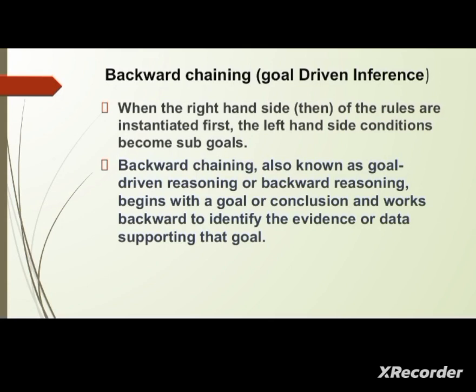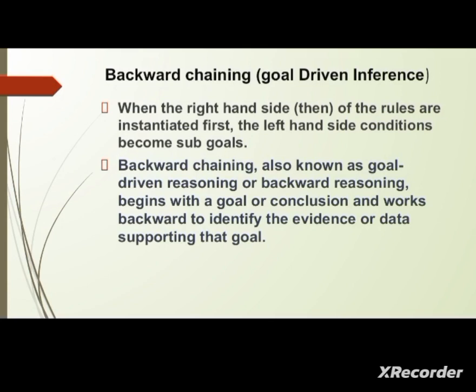These sub-goals may in turn require more sub-goals to be established, and so on, until facts are found to match the lowest sub-goal conditions. So this works in the backward direction. First we have a goal, and from that goal we go to the data.